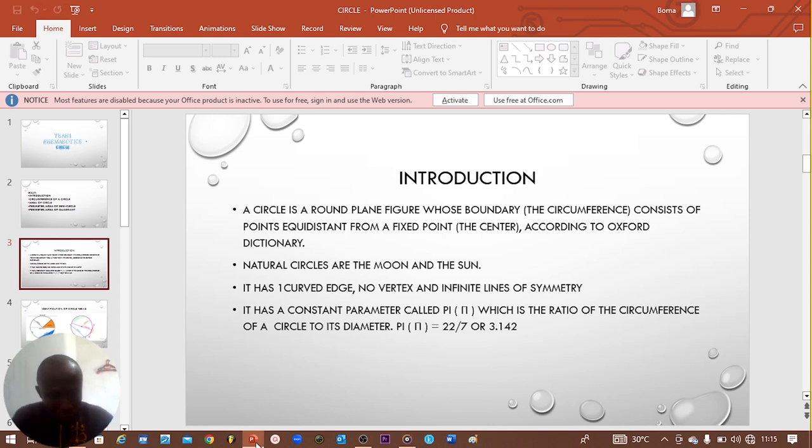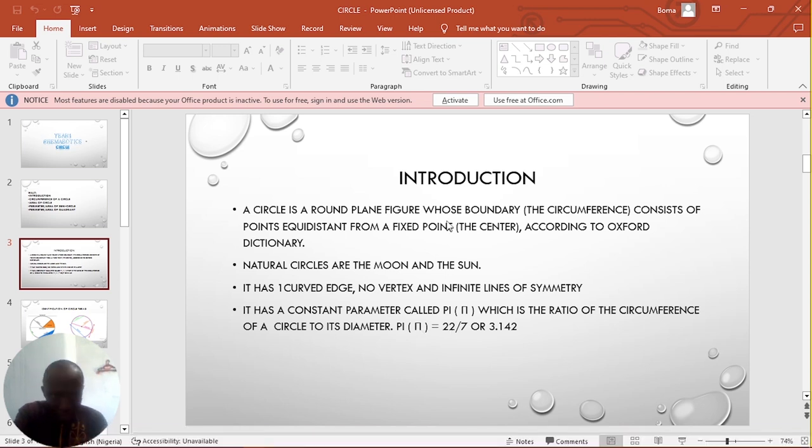If I take the circumference of any circle and divide it by its diameter, the value will be the same whether a big circle or a small circle. No matter the size of the circle, the parameter called pi is the same for every circle, and it has a constant value of 22/7 or 3.142. We move to the next slide.